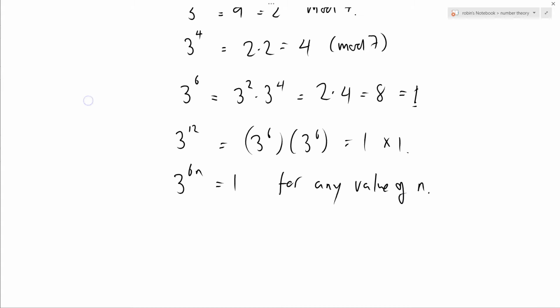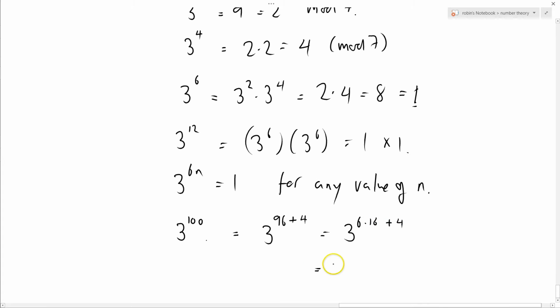Okay, well that's nice. Now I want 3 to the power 100. So I'm going to write it as 3 to the power 96 plus 4, which is equal to 3 to the power 6 times 16 plus 4, which equals 3 to the power 6, to the power 16, times 3 to the power 4.